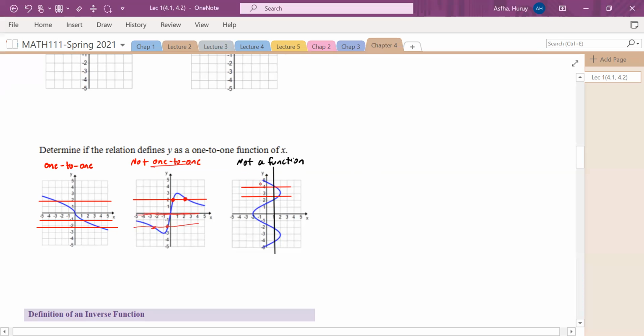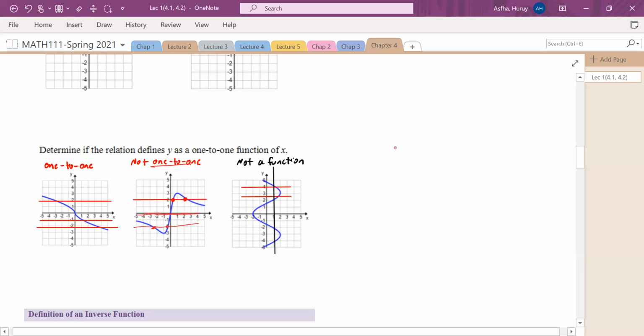But before checking whether this is a one-to-one function or not, we have to check whether this is a function or not. To determine whether a graph represents a function, remember we had the vertical line test.